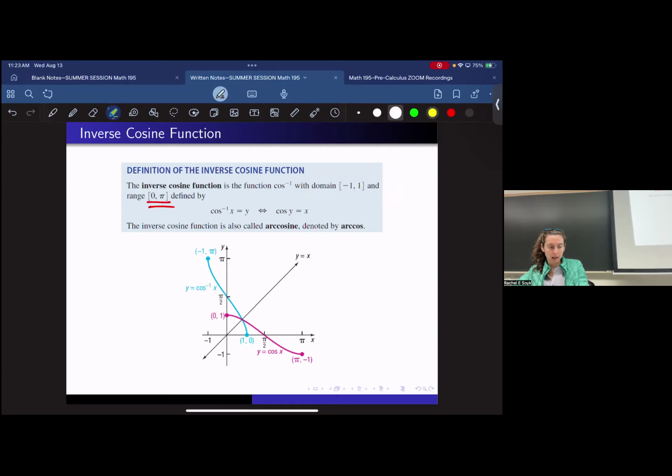So we get our definition to be as follows: cosine inverse of x equals y, if and only if our cosine of y is equal to x. And we're done. Our original function is once again in red. Our inverse cosine is in blue.